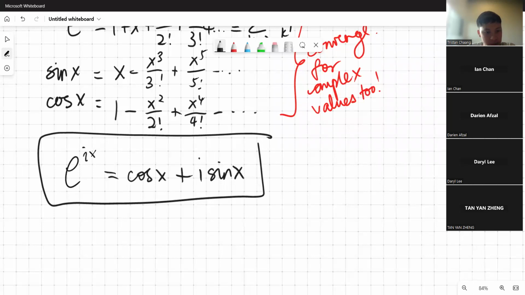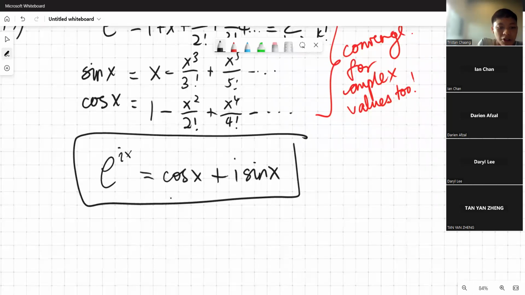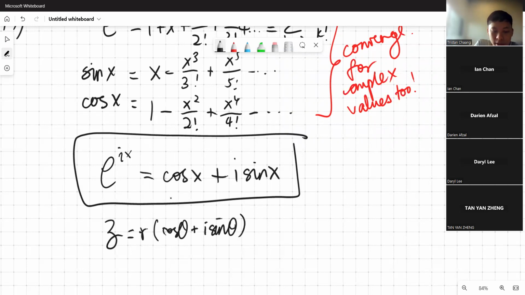e to the ix equals cos x plus i sin x. Okay. Now, once you know this, remember just now we said every complex number can be written as r times cos theta plus i sin theta. Now, I can just write this as r times e to the i theta, an even shorter form of writing a complex number.